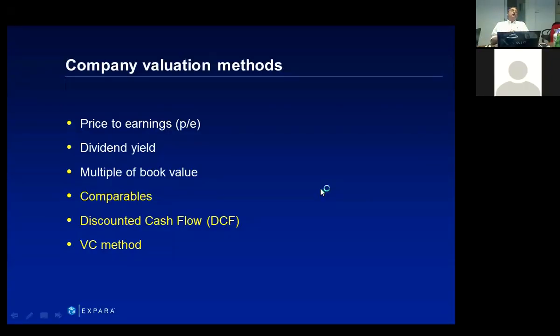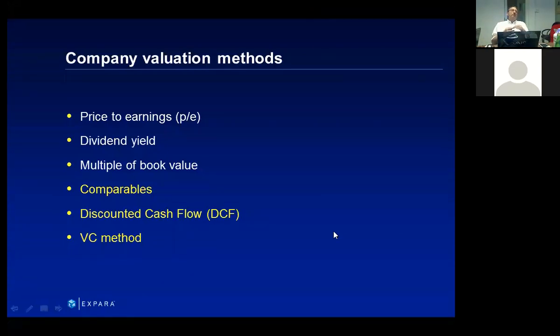Price to earnings, dividend yield, and multiple of book value each require parameters that startups are not going to have, like earnings or dividends or significant book value. So we're going to focus on three methods of valuation for our startups.